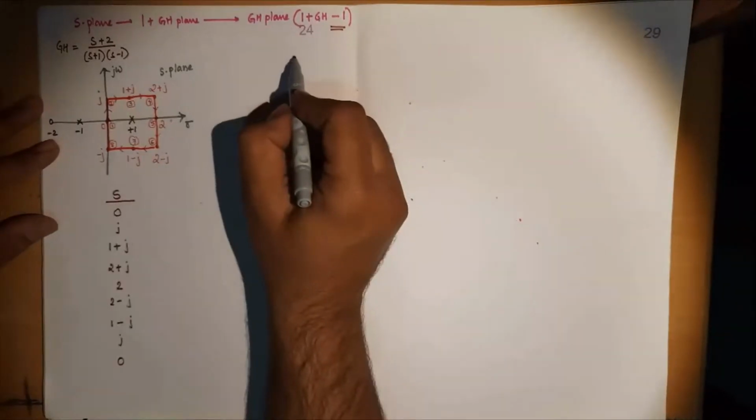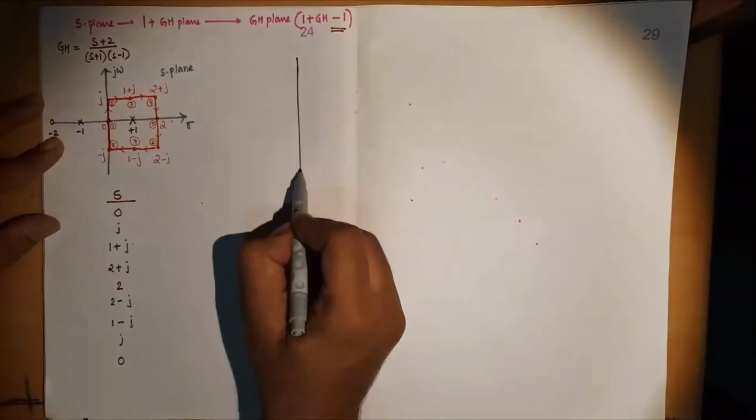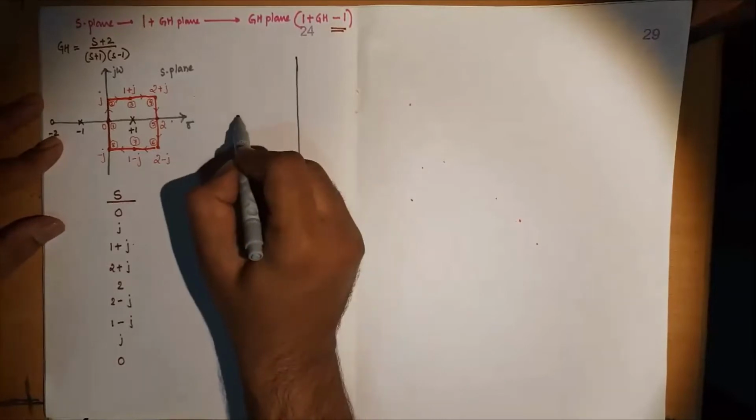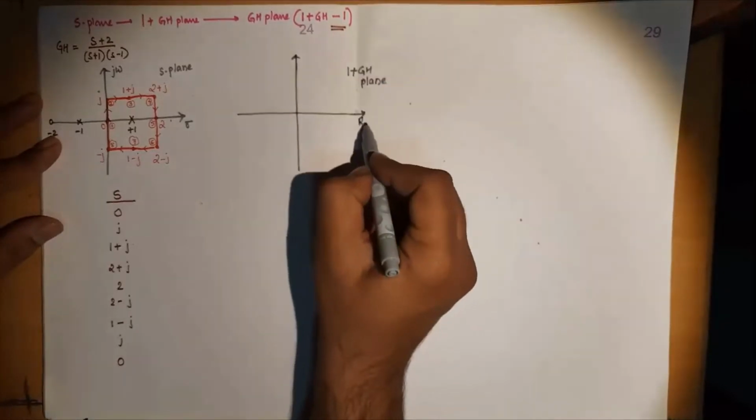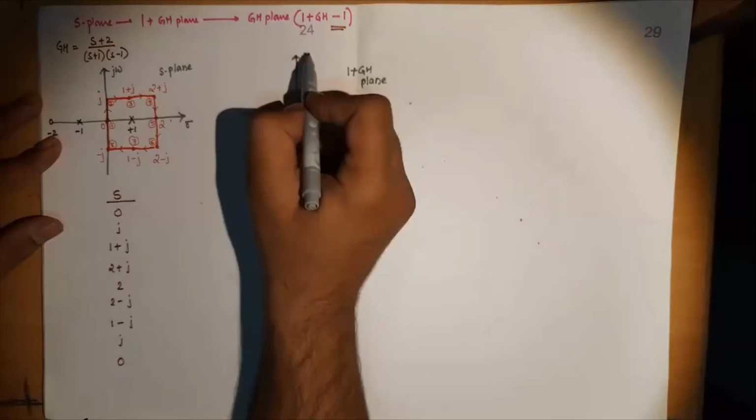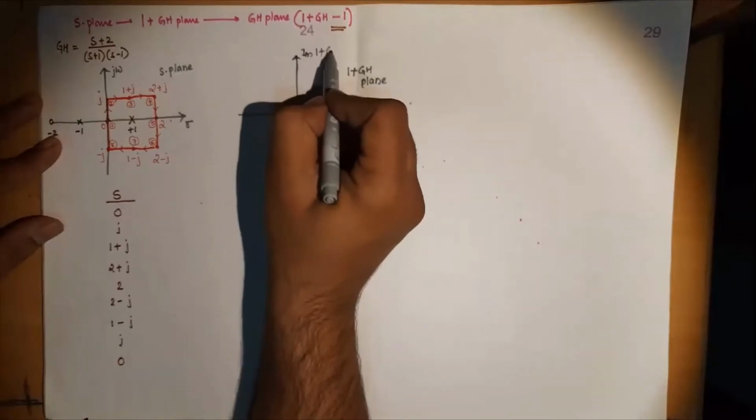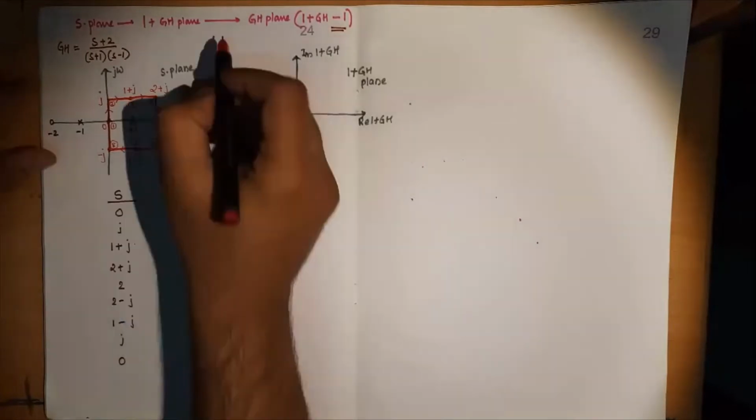Let me write the 1 plus GH plane now, with real of 1 plus GH and imaginary of 1 plus GH axes. And what is the 1 plus GH function?